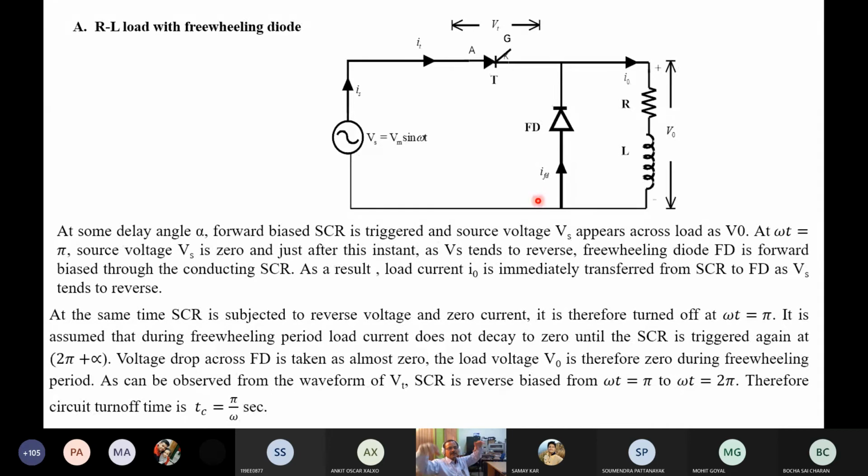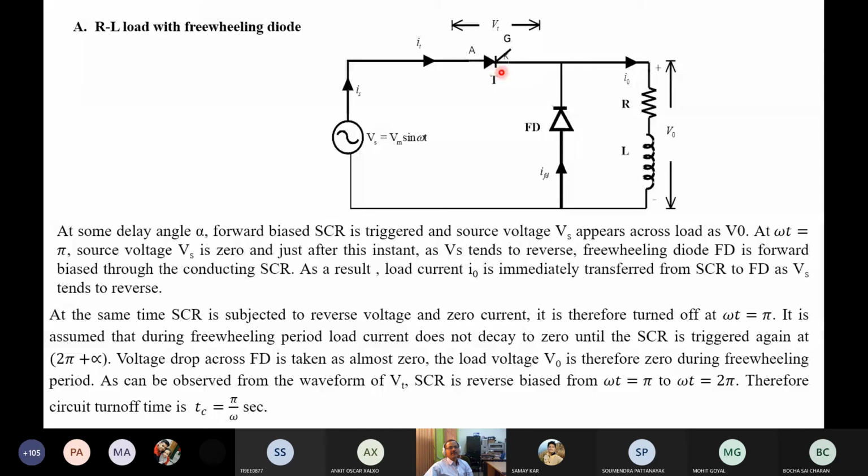Just read out what I have written. If there are two resistances, one of 1000 ohm and one of 1 ohm, then most of the current will flow through the 1 ohm resistance. That is a simple funda, right?